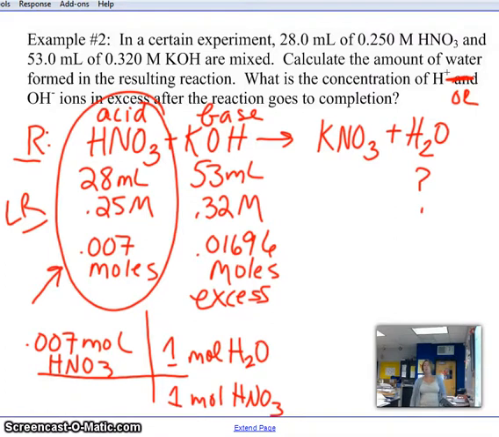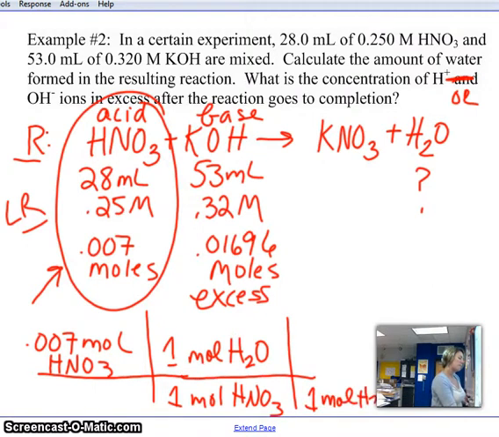They ask for amount, so typically that's grams, so I'll convert that to grams of water. 1 mole of water is 18.02 grams. If you left it in moles, that's fine, because they didn't specify what unit they wanted. So 0.007 times 18.02 gives us 0.126 grams of water.